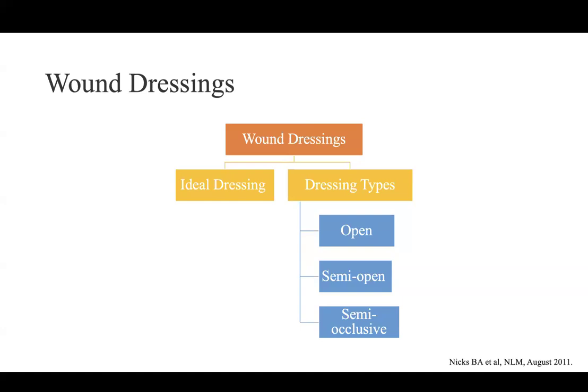It should also eliminate dead space, conform to the wound shape, and not macerate the surrounding viable tissue. In addition, it should minimize edema through compression, and it should not cause any hypersensitivity reaction.